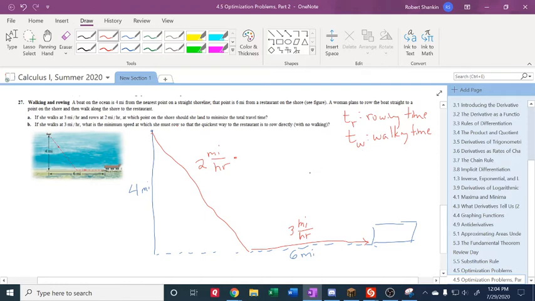And then we're going to minimize T total time, and T total is equal to the sum of the other 2 times.